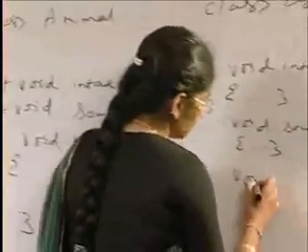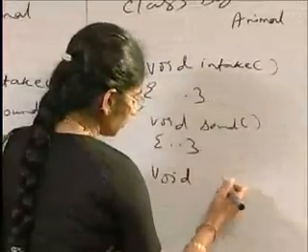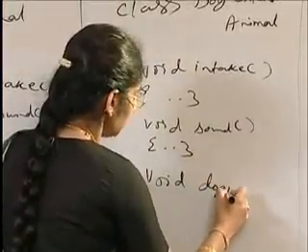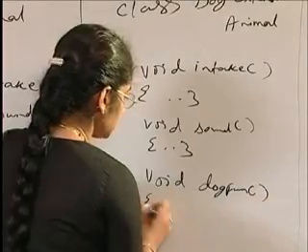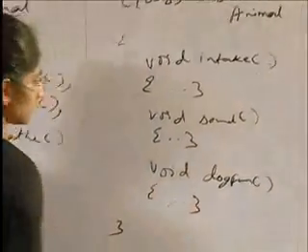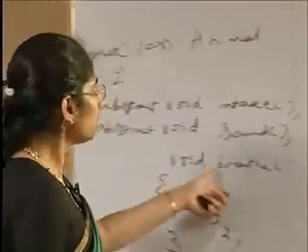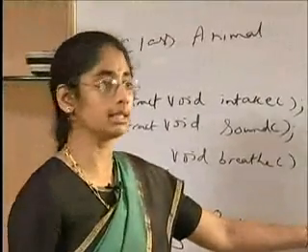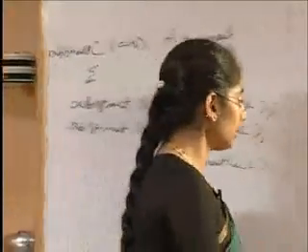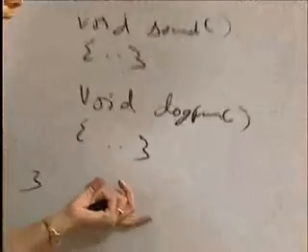So let's assume that you have a void dog function here, which is specific to the dog class. We need not override the breathe method unless and until we want to. Now let's just leave the breathe method for the dog class.